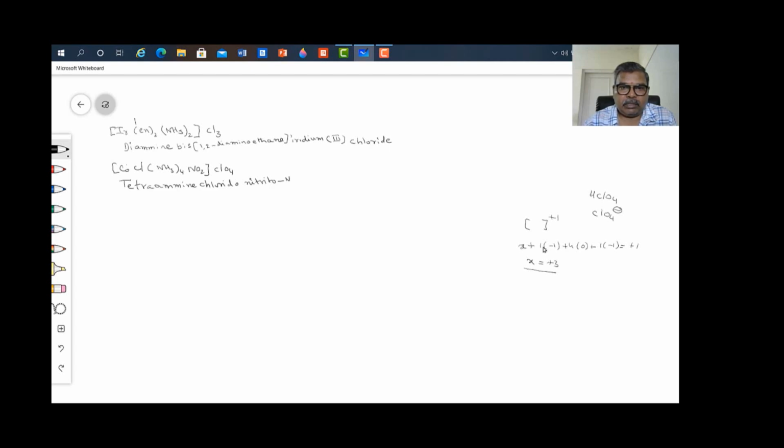N, it is a cation complex, there is no change in the name of the metal. Cobalt, and Roman number 3, its oxidation state, and the name of the anion, perchlorate.